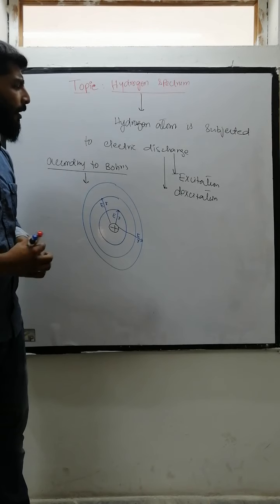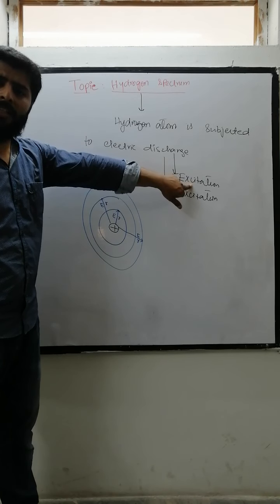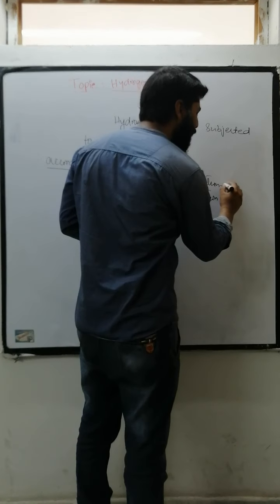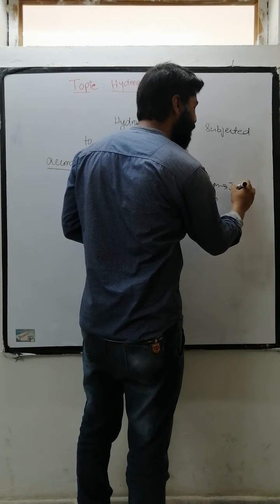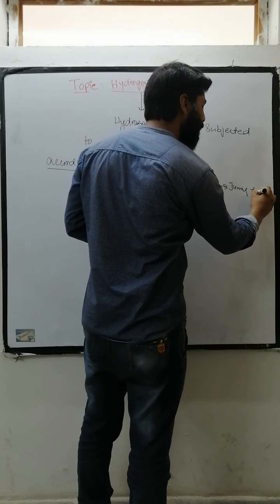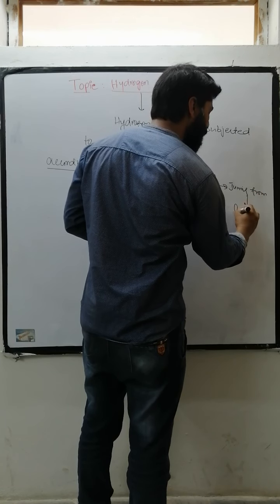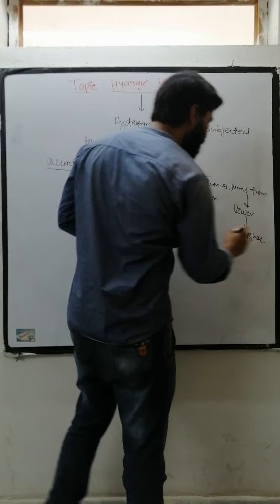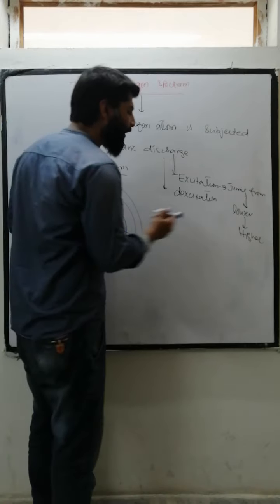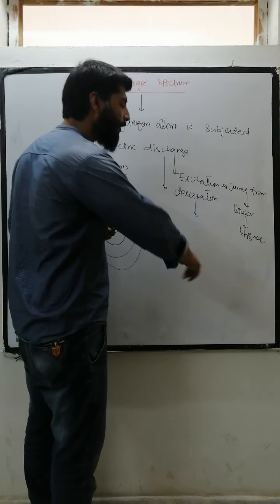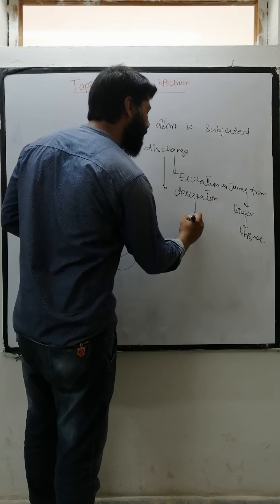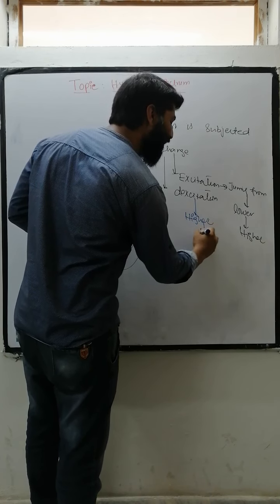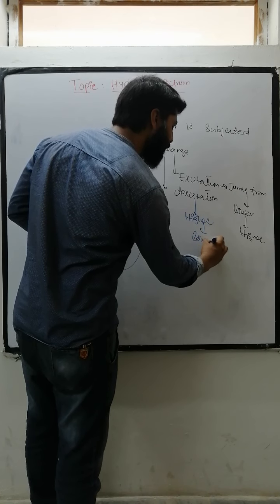What is excitation? Absorption of energy and jumping from a lower to a higher level. During excitation, the electron jumps from a lower to a higher level, while during de-excitation, the reverse will occur and the electron will jump from a higher energy level to a lower energy level.